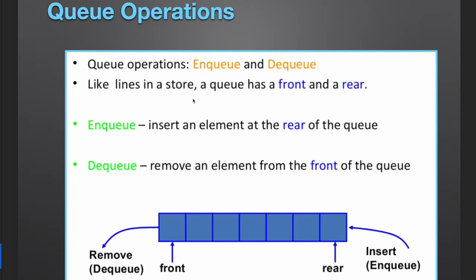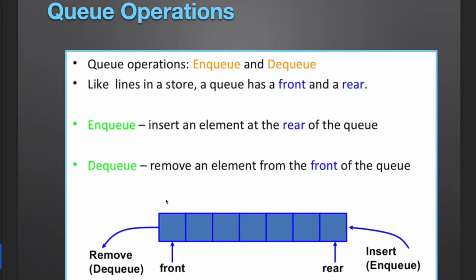Here are some operations of the queue: enqueue and dequeue. Enqueue is to insert and dequeue is to remove. That's how we call it. If in the stack it's push and pop, here in the queue it's enqueue and dequeue.